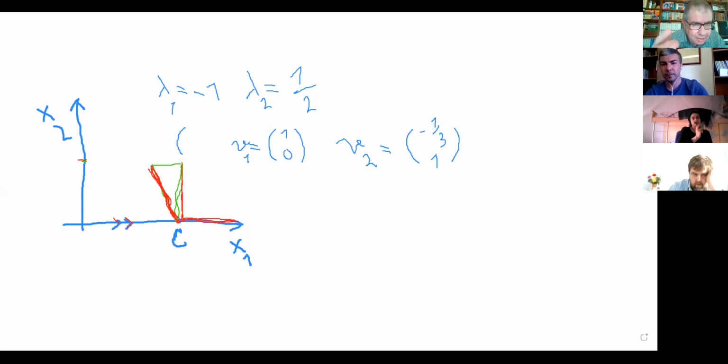Let's not use the white color. Use the red color to plot the trajectories. We did not come up to that point. We are just plotting two vectors. So cancel the red, cancel everything. Just leave the blue.